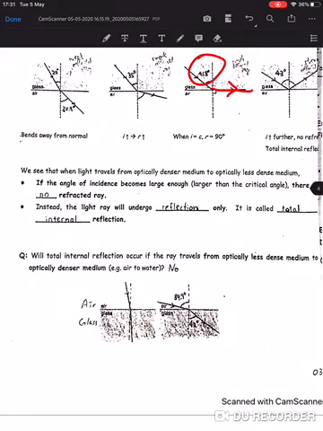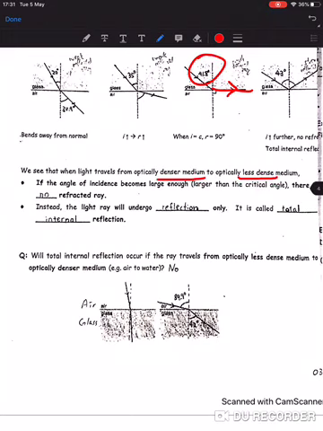When you are looking at how light travels from an optically denser medium to a less dense medium, please make sure you're entering from a denser to a less dense medium. The other way around, it does not work, because think about it, what will happen to the light wave? It will bend towards the normal. It will not bend away from the normal.